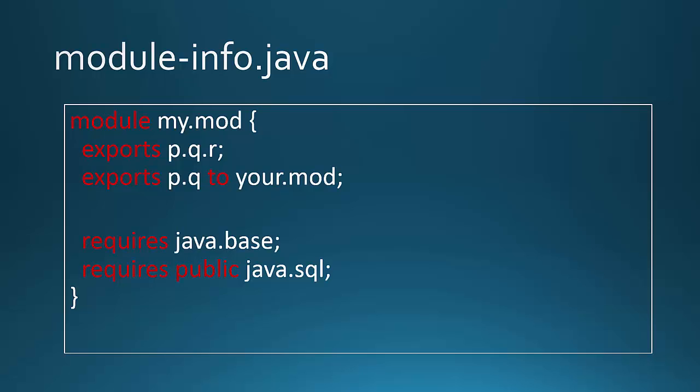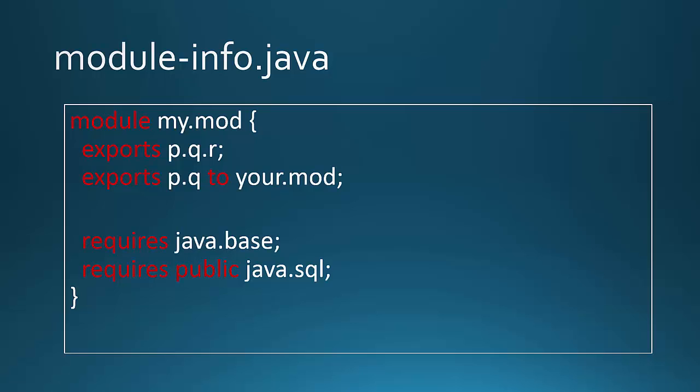So we have a module called my_mod, and it has a few packages in it. We want to expose the package PQR to every other module and expose PQ to a particular module, that is your_mod. As shown in the slide, we use the exports keyword for exporting and the to keyword to achieve a targeted export.